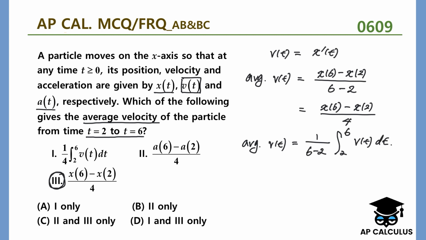That's also average velocity. So that is equal to 1 over 4 times the integral from 2 to 6 of v of t dt. So this is also average velocity from time t equals 2 to t equals 6. So the answer must be D.